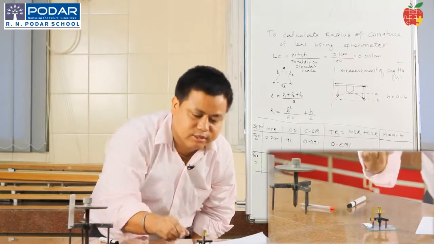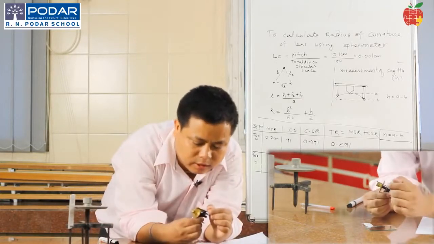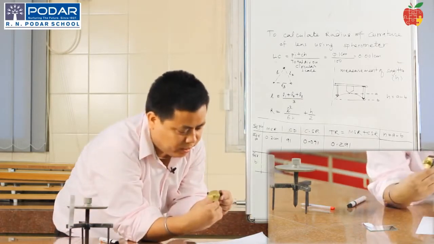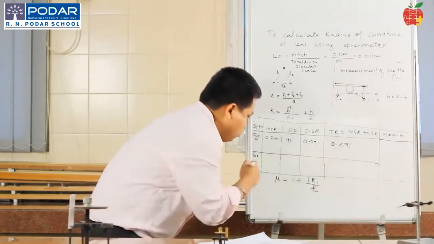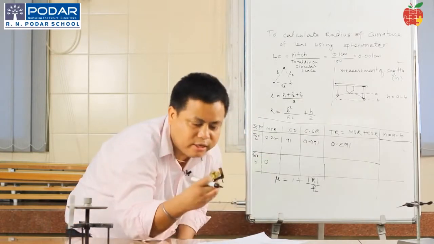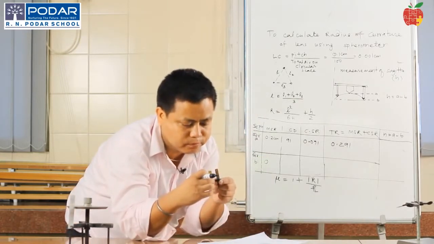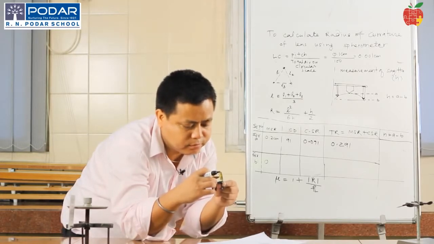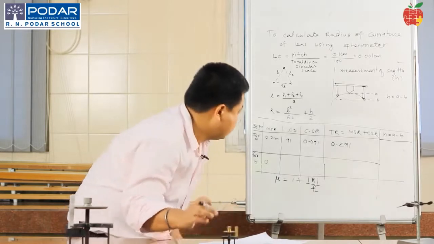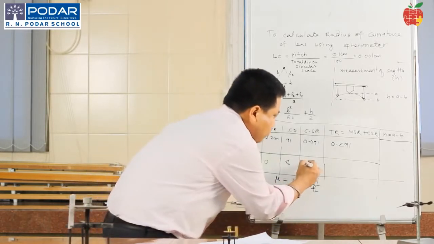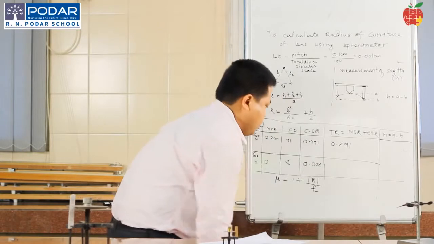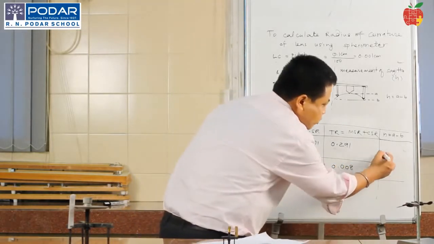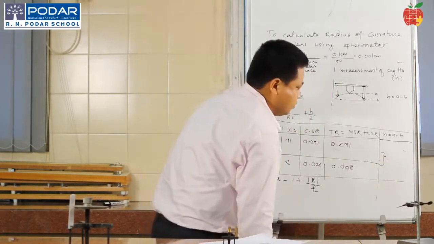That means it has just touched it. Once again take the main scale reading and the circular scale reading. The main scale reading right now is 0, and the coinciding circular scale division is 8. So this becomes 0.008.